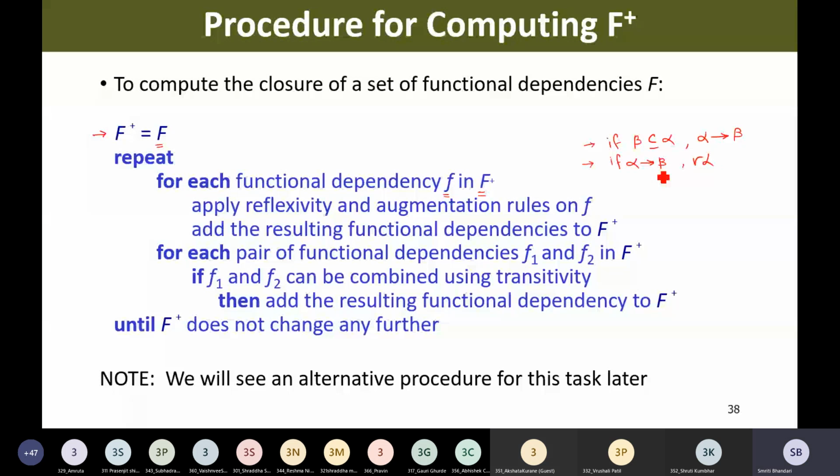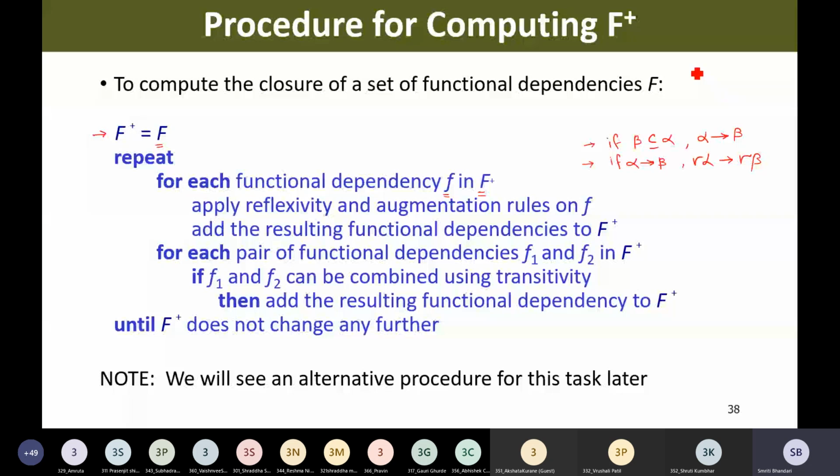Correct. So this is the augmentation rule. We pick up every functional dependency, apply the reflexivity rule, and for that functional dependency we also apply the augmentation rule.